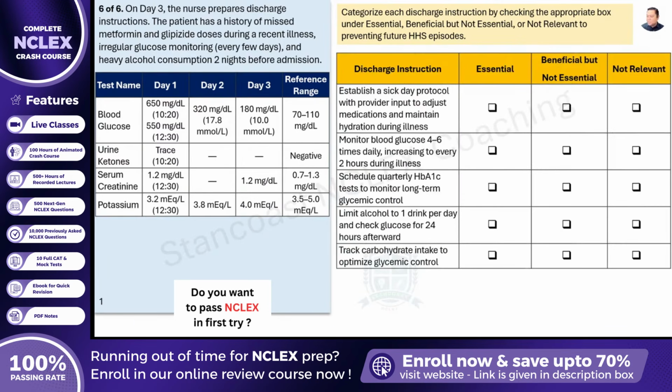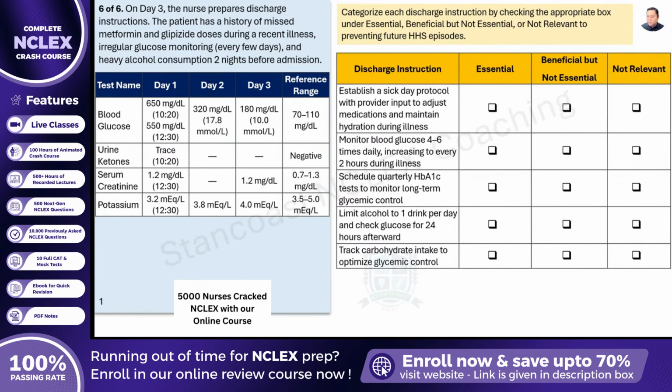And here's the matrix. You will see here the discharge instructions. One of those is establish a sick day protocol with provider input to adjust medications and maintain hydration during illness. The next one is monitor blood glucose 4 to 6 times daily, increasing to every 2 hours during illness. Third, schedule quarterly hemoglobin A1C tests to monitor long-term glycemic control.